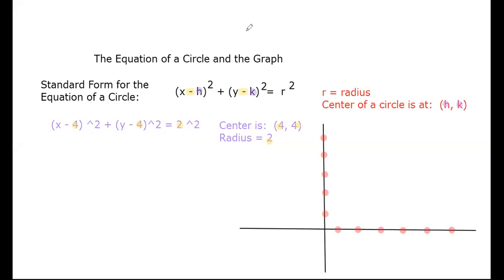So at (4, 4), I'll make a point for the center of my circle. And I know that the radius is 2.